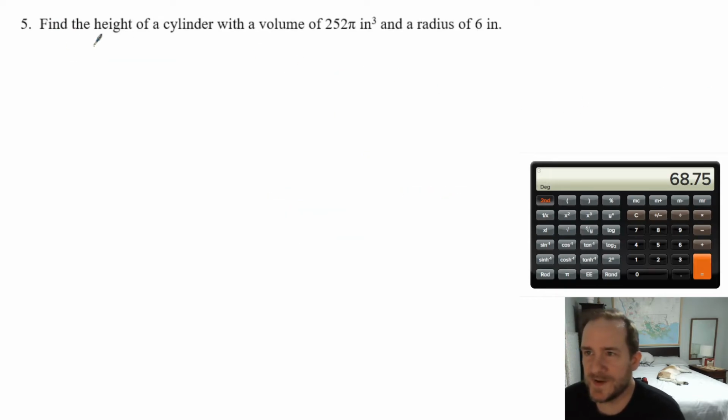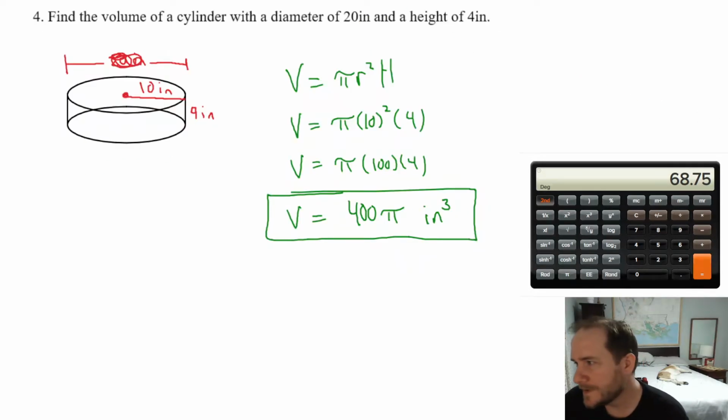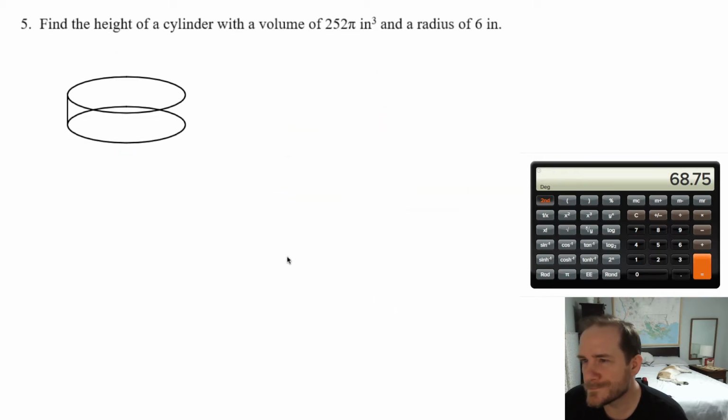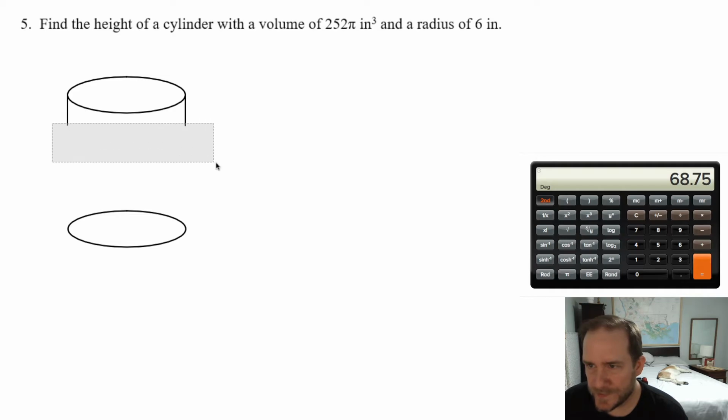So this one says, find the height of a cylinder with a volume of 252 pi cubic inches and a radius of 6. Okay, happy to. Let me just grab this one so I don't have to do it all over again. So this thing probably wants to be a little taller.